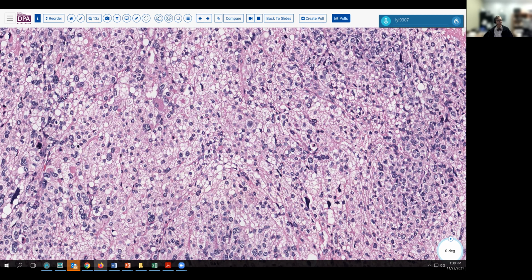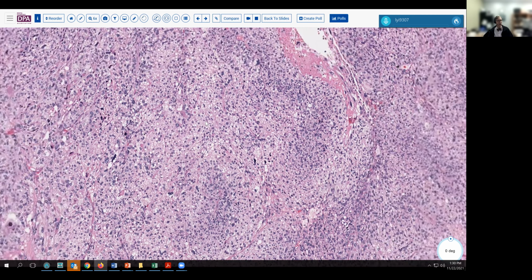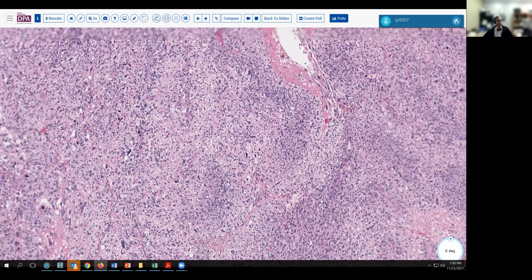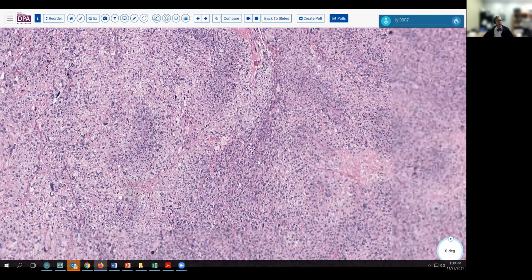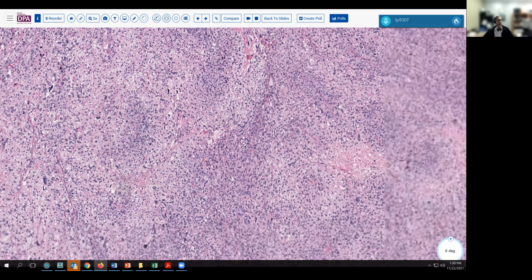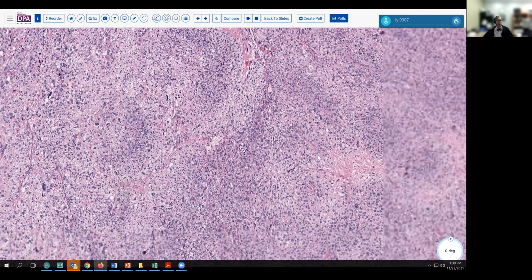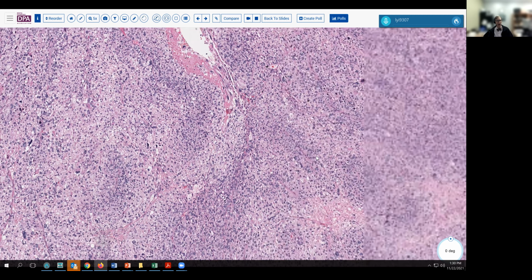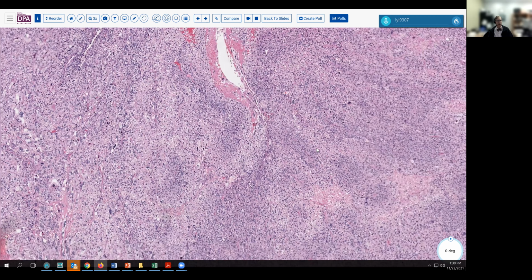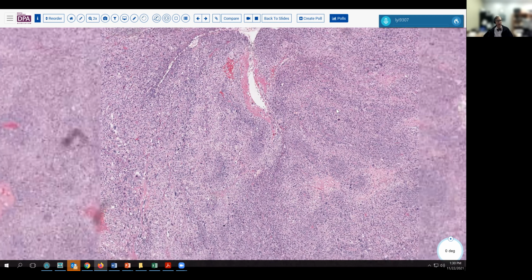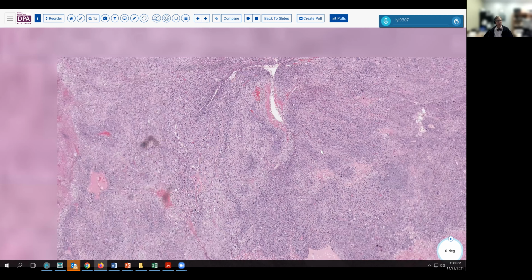And so just because you have a solid neoplasm, you shouldn't totally rule out the possibility of pleomorphic liposarcoma if you've got the nuclear pleomorphism, because the diagnostic lipoblasts may be relatively sparse, particularly in these more epithelioid variants. You only need about 5 to 10% of the tumor to be characteristic lipoblastic differentiation to call it a pleomorphic liposarcoma.